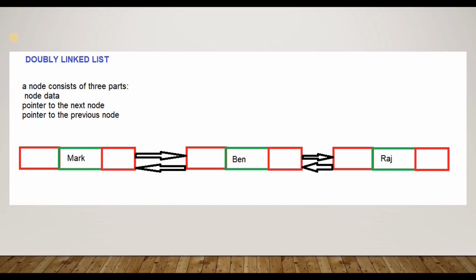In this case, the previous pointer of the first node points to null, and the next pointer of the last node points to null. In this example, you can see that for the second node, the previous pointer points towards the first node, and the next pointer points towards the third node.